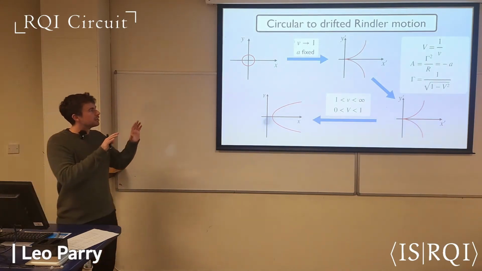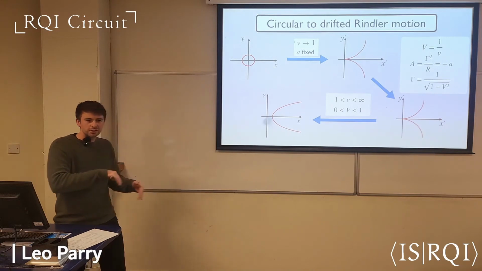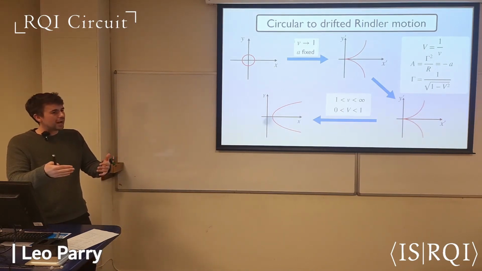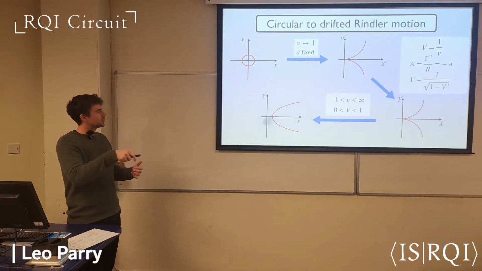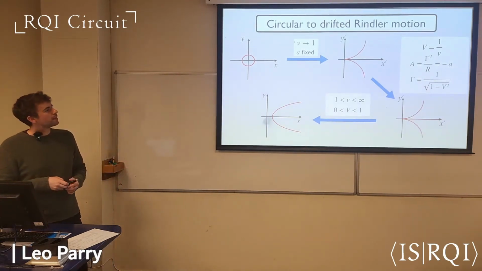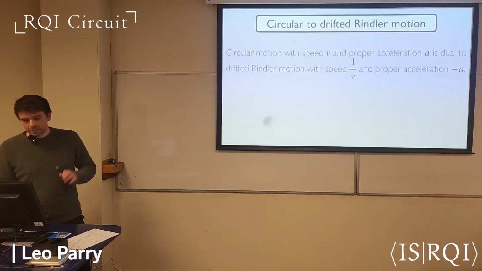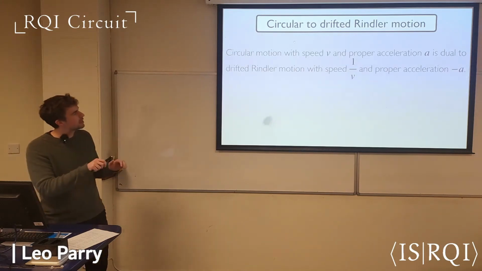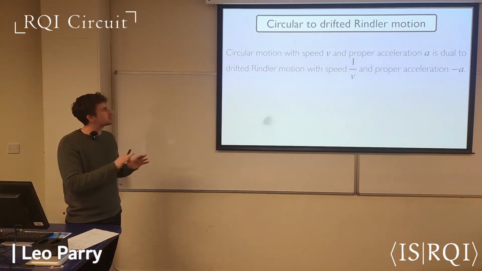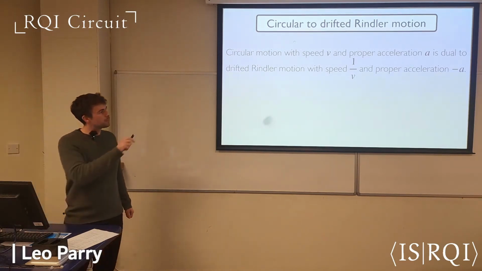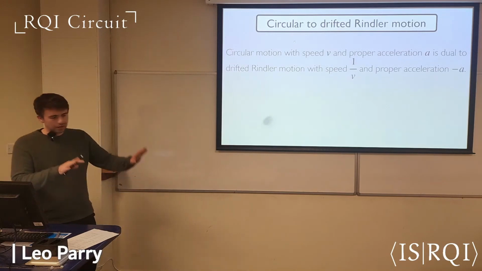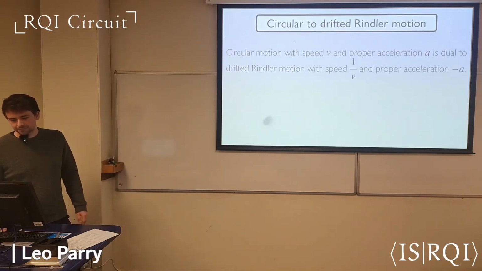So starting with circular motion, you send v to 1, and then you send v past 1, and you can get drifted Rindler motion like this. Okay, so something like circular motion with speed v and proper acceleration a is dual to drifted Rindler motion with speed 1 over v and proper acceleration, okay, a or minus a, it doesn't matter.